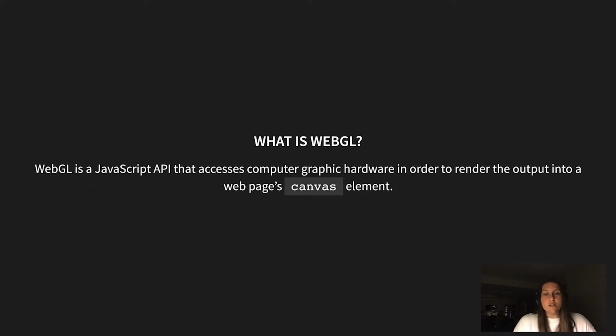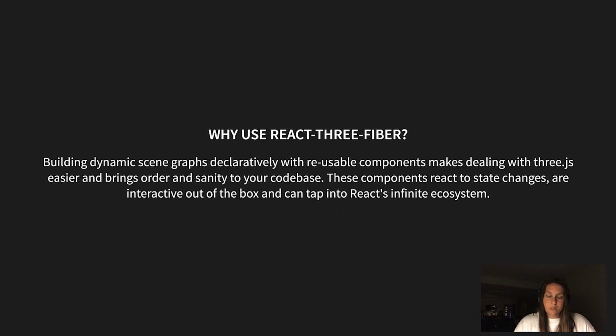And WebGL is a JavaScript API that accesses computer graphic hardware in order to render the output into a web page's canvas element. So why use Reactthreefiber? Building dynamic scene graphs declaratively with reusable components makes dealing with three.js easier and brings order and sanity to your codebase. In other words, you can tap into React's infinite ecosystem in order to make working with three.js simpler.